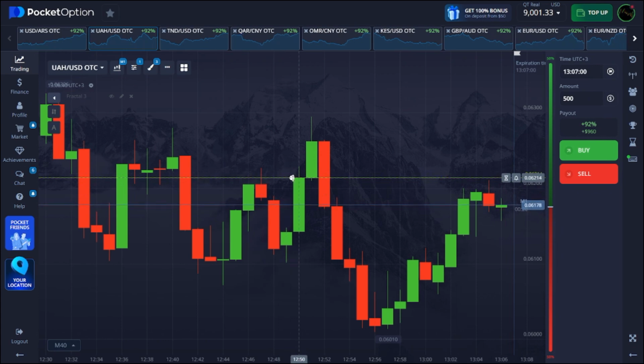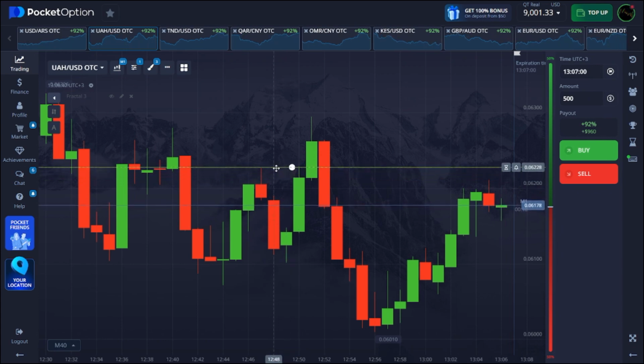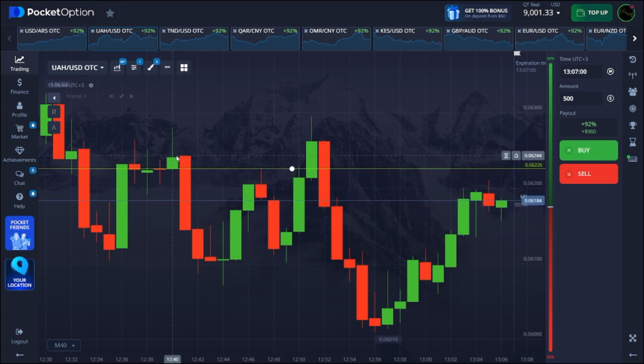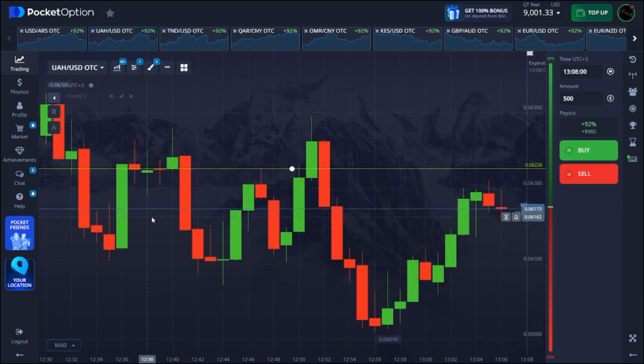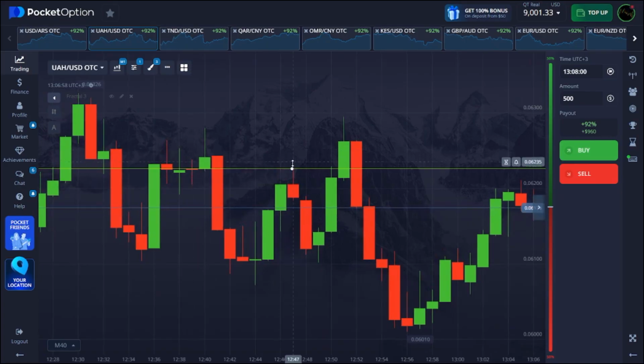Another example here, we have another engulf with a very beautiful momentum, and as you can see, once the market came to our point, we would have taken a trade, won that one. We have another example right here.